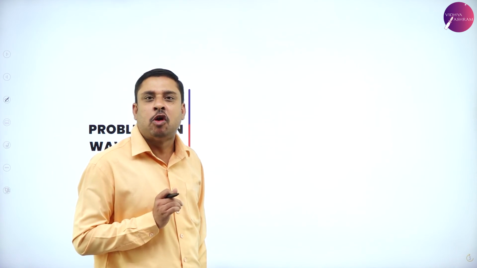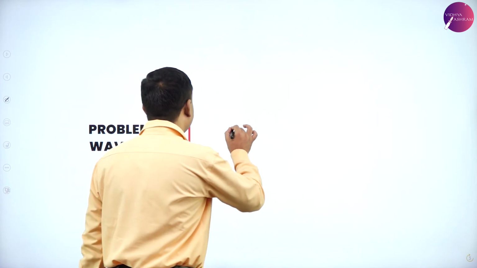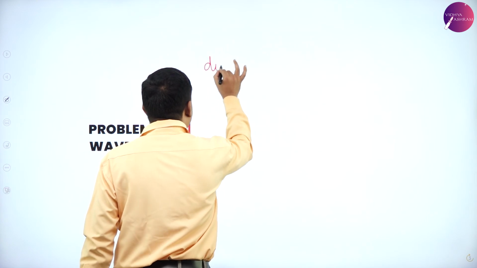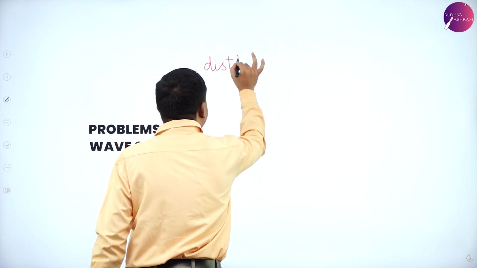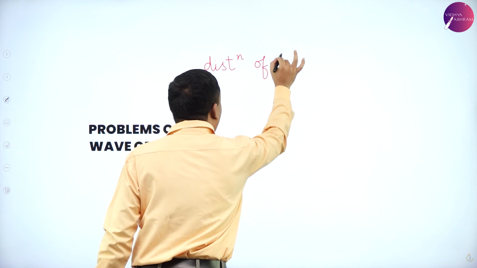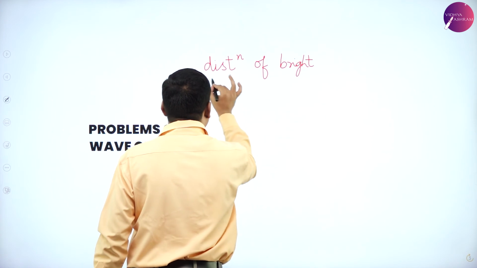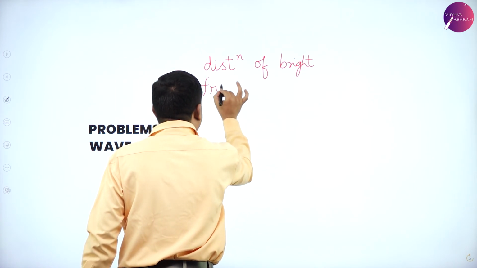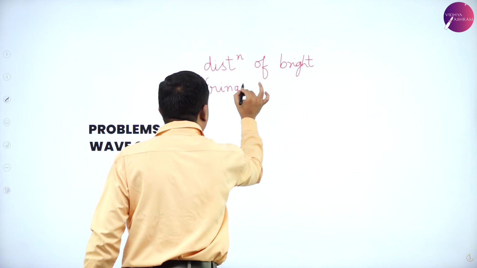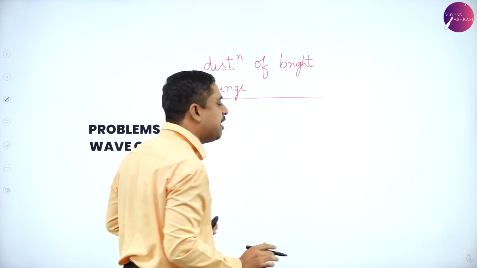Now, let us recall the distance of a bright fringe from the central fringe. So, we will recall the distance of a bright fringe from a central fringe.